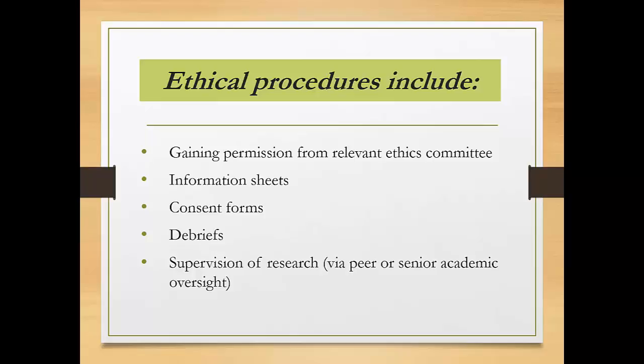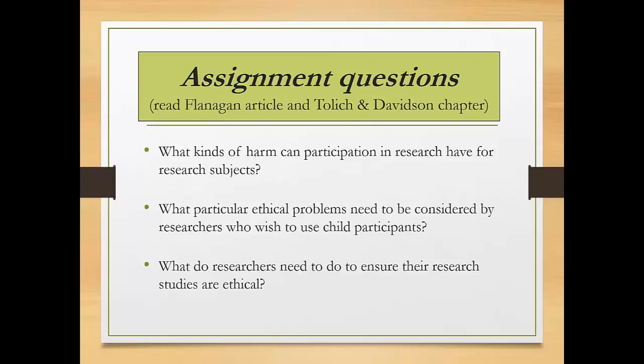Your assignment is to find out about some case studies where this harm occurred and to think about how the ethical procedures we've covered today would help researchers to avoid the same kind of harm. The questions on this slide are the 3 questions you will examine in detail in your assignment.